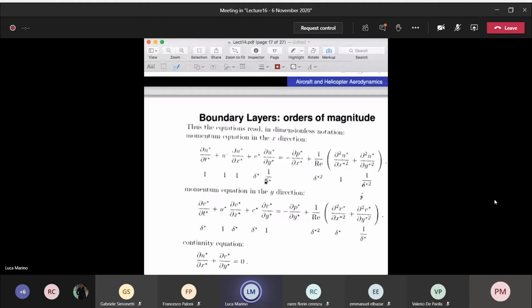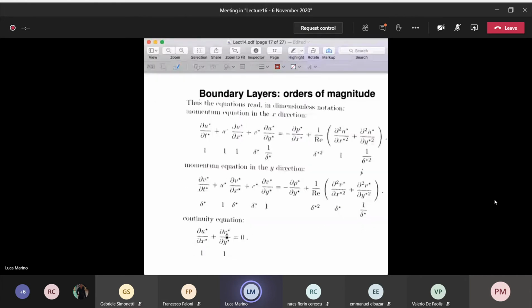If the derivative of U with respect to X is of order 1, and we know that Y is of order delta, if V were of the same order as U, you would have here 1 over delta.